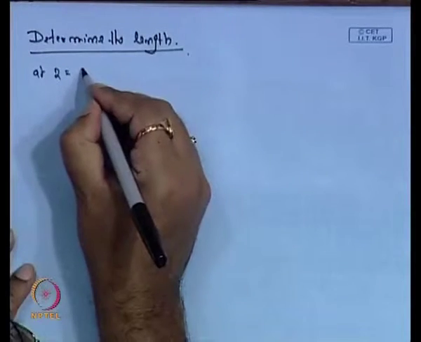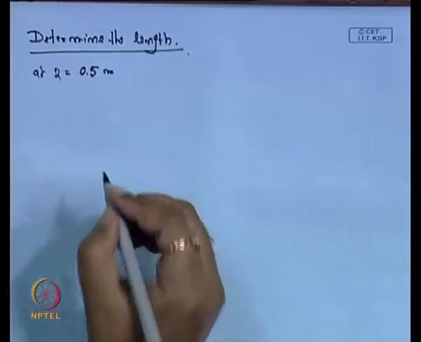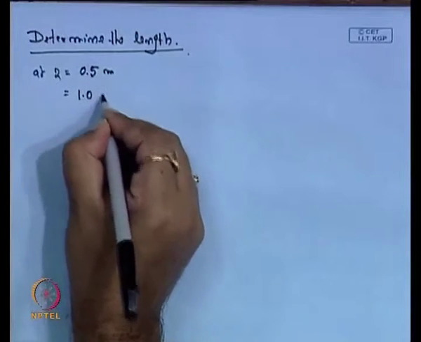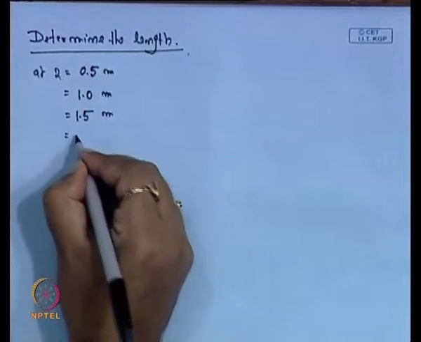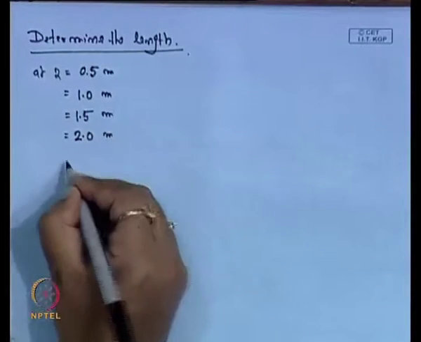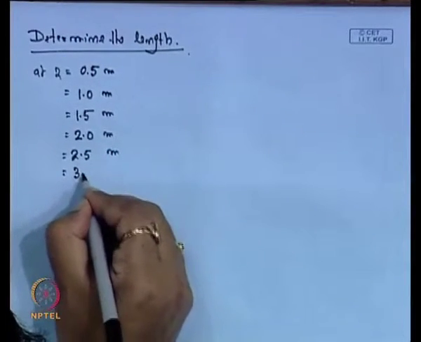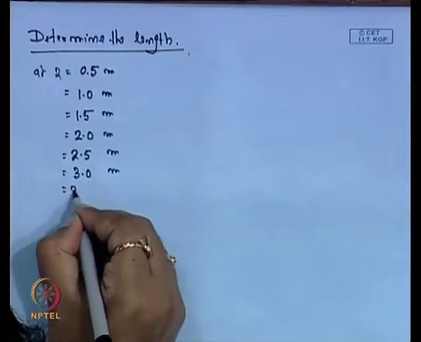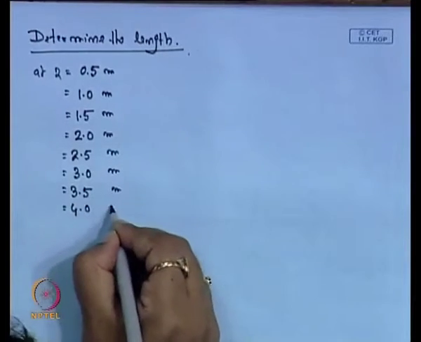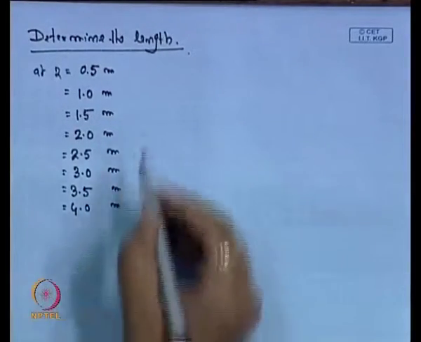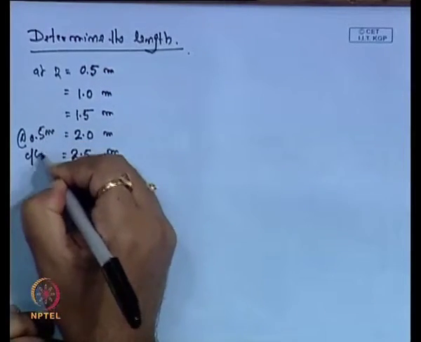At 0.5 meter depth we have provided the first reinforcement, then at 1 meter, 1.5 meter, 2 meter, 2.5 meter, 3 meter, 3.5 meter, then 4 meter. So, up to 4 meter it is at the rate of 0.5 meter center to center.